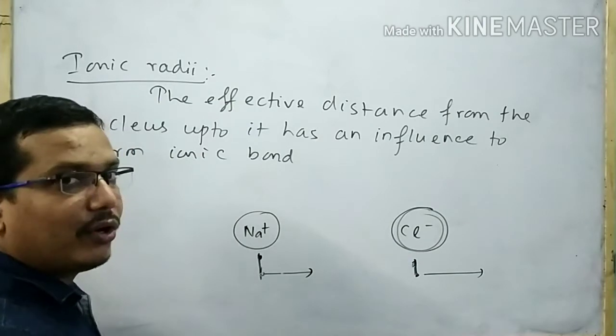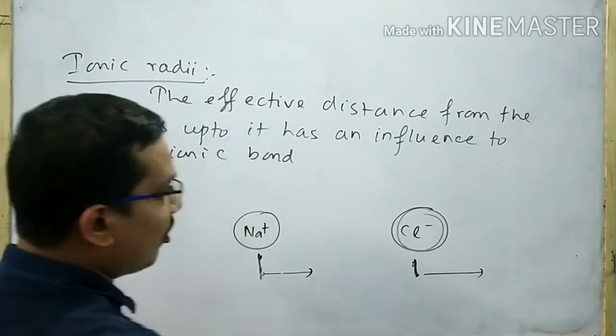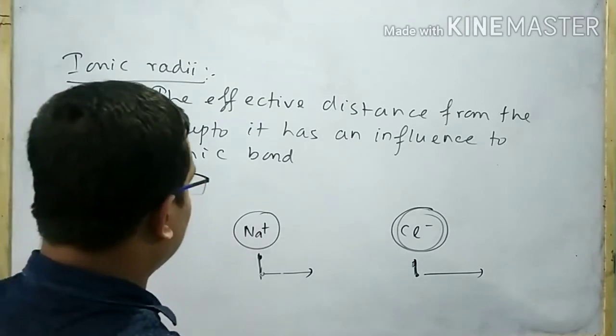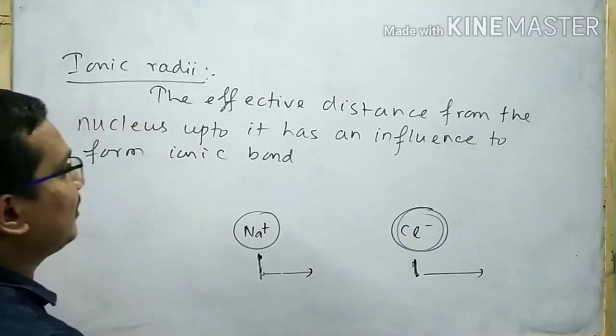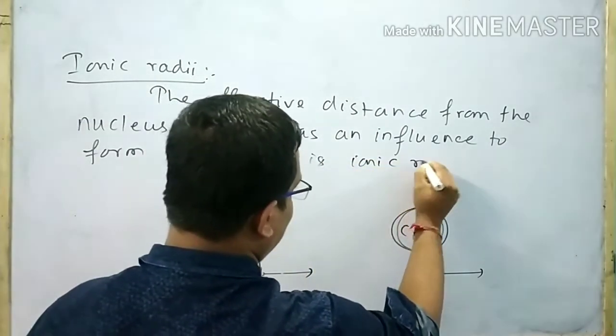This is said to be your effective distance. That effective distance is called ionic radii.